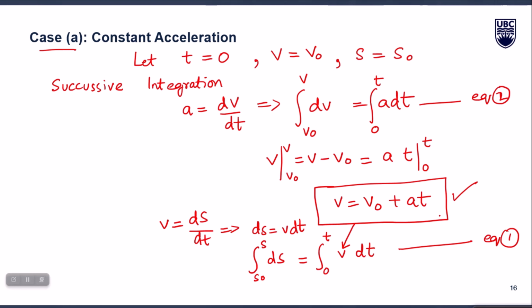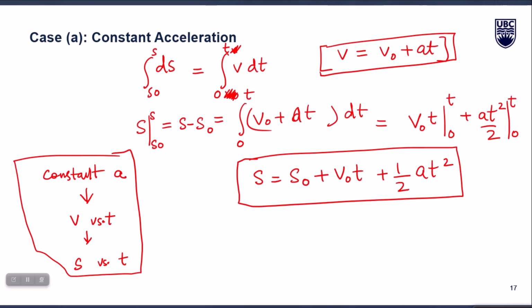So A is a constant quantity here. When we apply equation 1, or integrate this function with respect to time, again we get displacement, and that displacement was this function. Again we were able to derive a closed form formula because acceleration is constant, so we were able to carry out that integration.